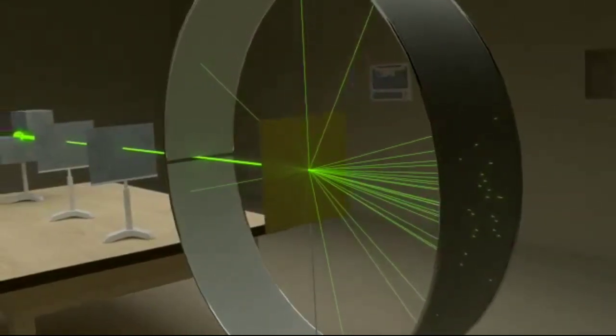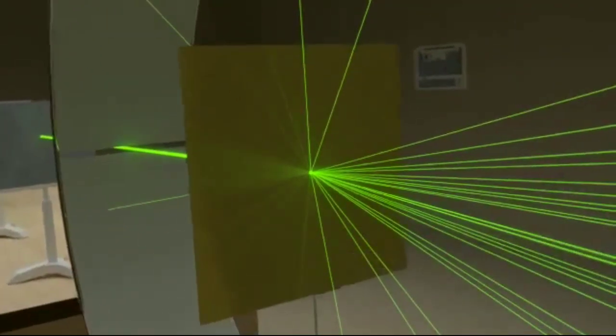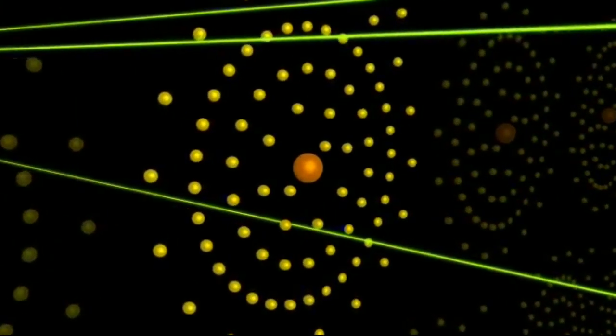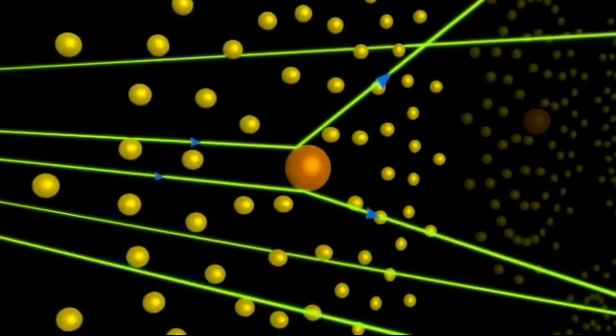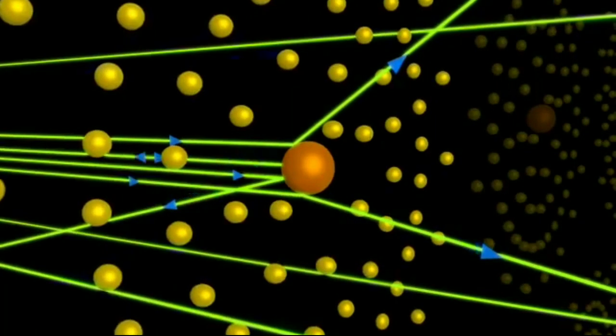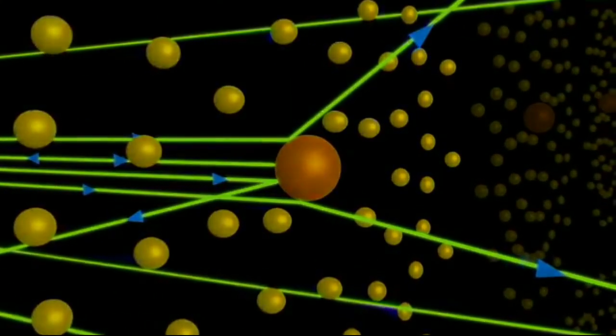Now we'll understand it with atomic structure. See, there is an atom with the nucleus at the center and electrons revolving around it. As most of the space is empty, most alpha rays travel in a straight line, and as we know alpha rays are positively charged, so when they collide with the nucleus they deviate by a large angle.